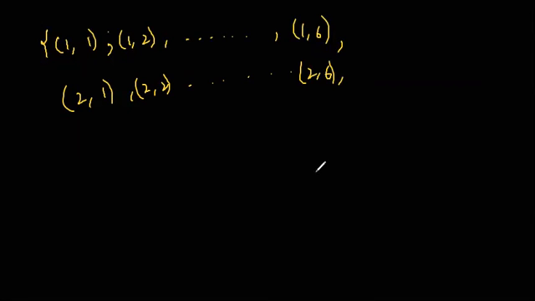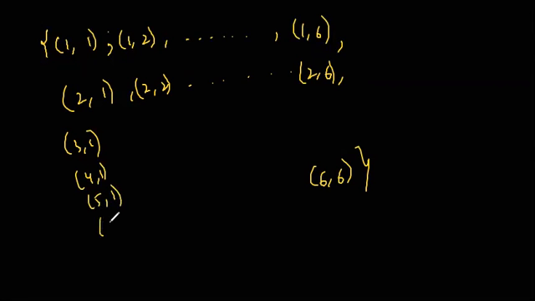This will go on till you get all the possible scenarios, which will be 3,1, 4,1, 3,2, 4,2, and so on. Then 5,1, and then finally 6,1, 6,2, and so on.